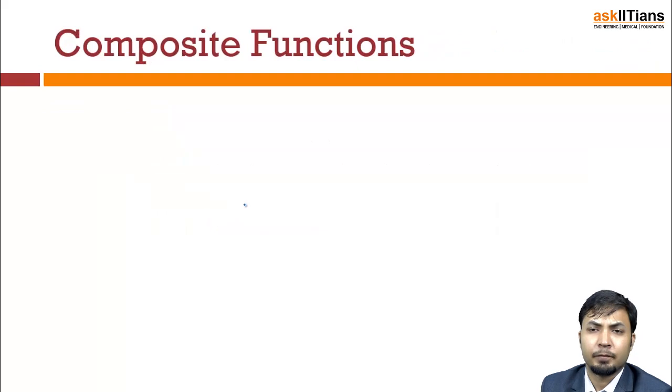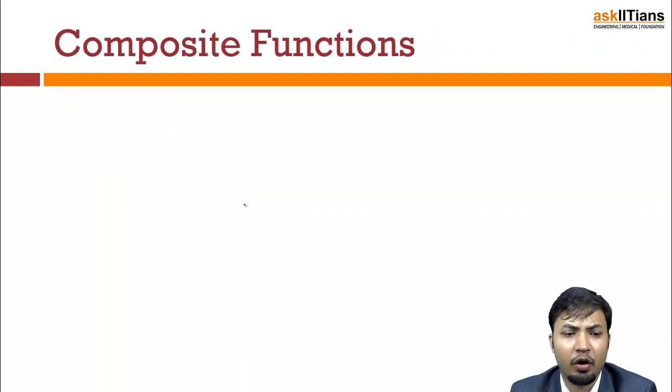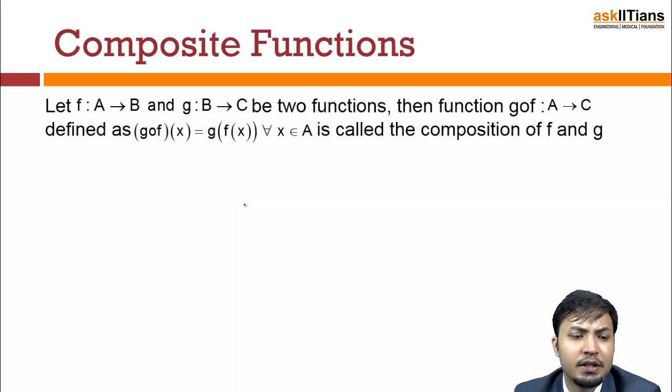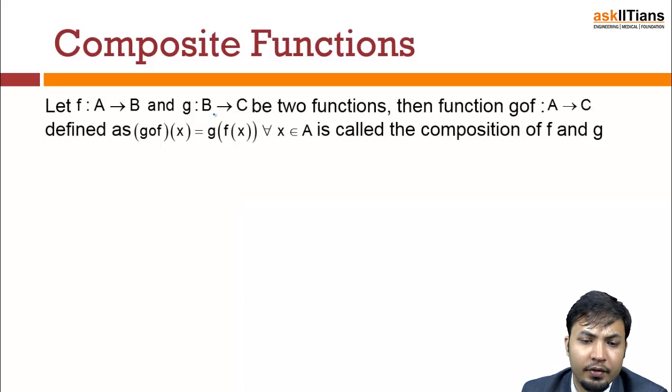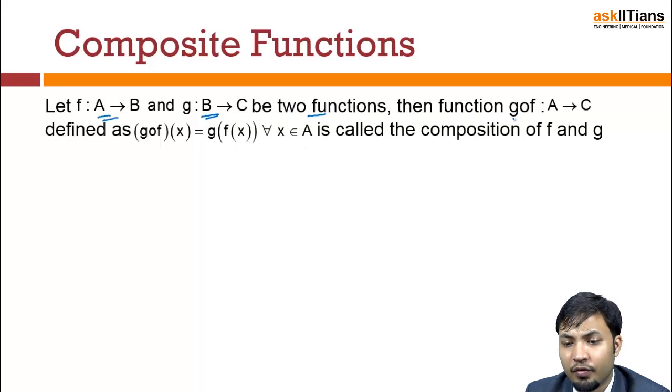Now we will come to the important topic of composite functions. Composite function is the most important topic in this chapter. What is a composite function? For any function f from A to B, and g from B to C, the two functions, my g of f becomes A to C. Now what is g of f?